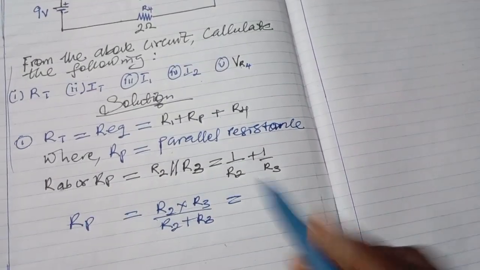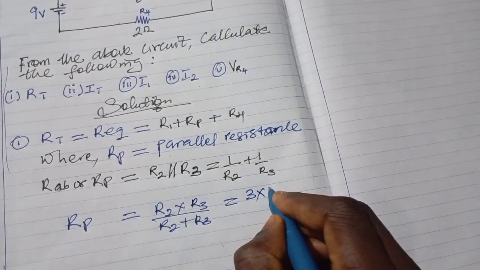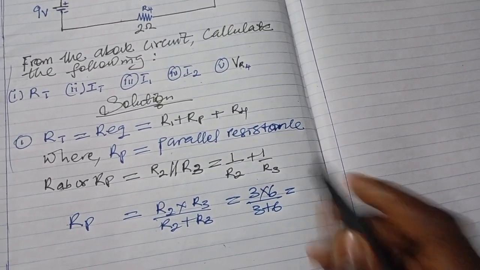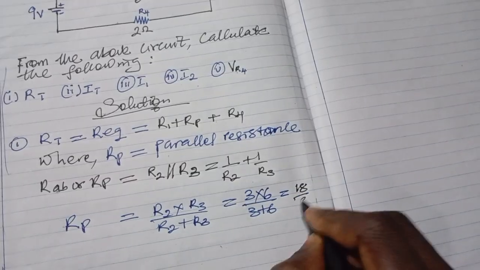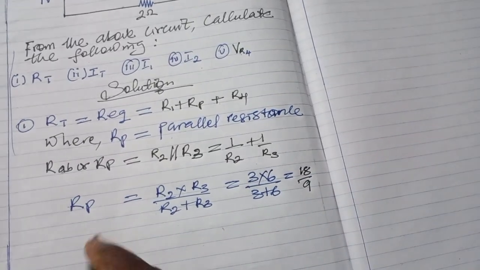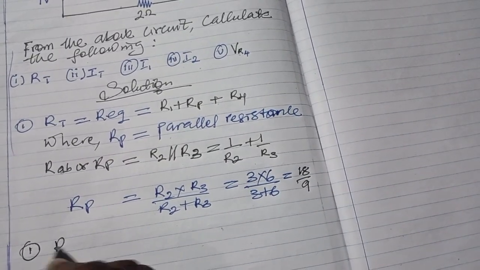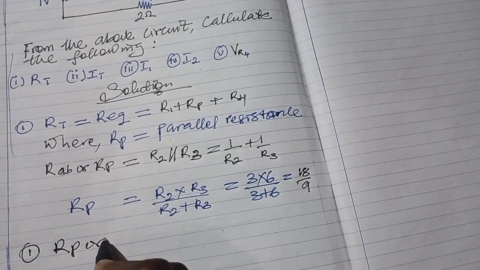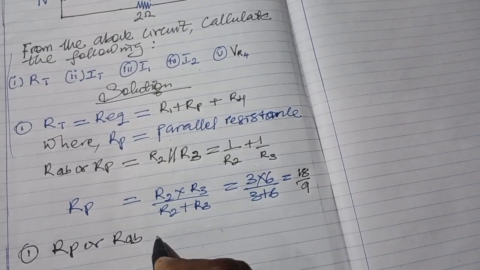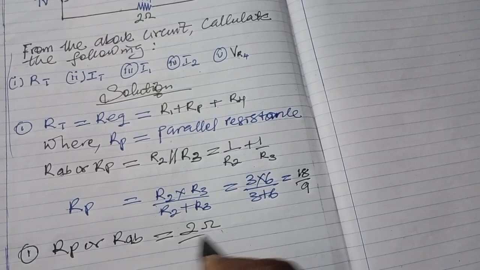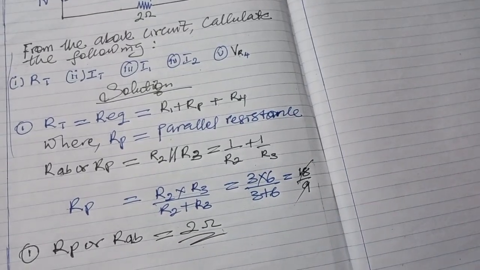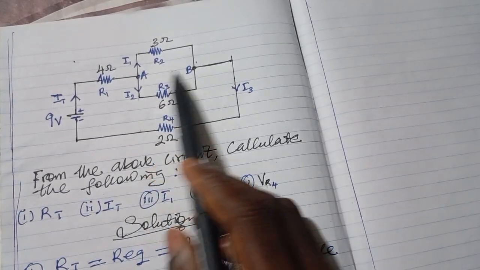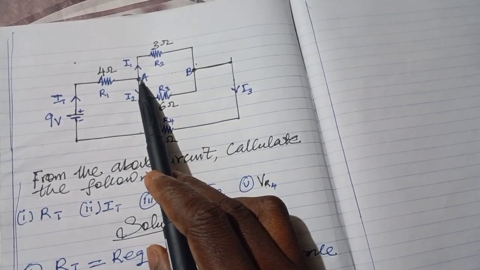So let's substitute. We have 3 multiplied by 6 divided by 3 plus 6, which is 18 divided by 9. So RP or RAB is equal to 2 ohms. Please, this is not the total resistance, it is the parallel resistors, that is the resistance across AB.